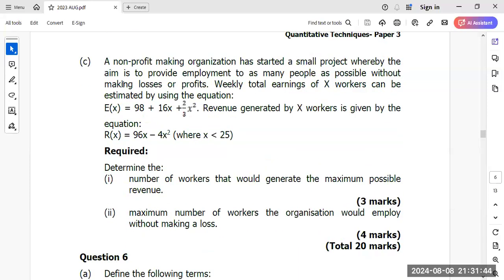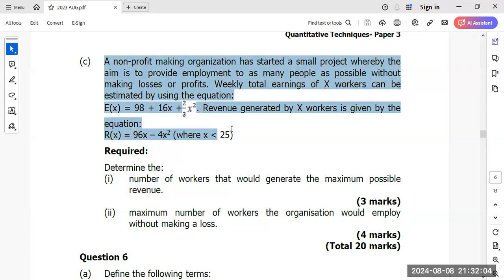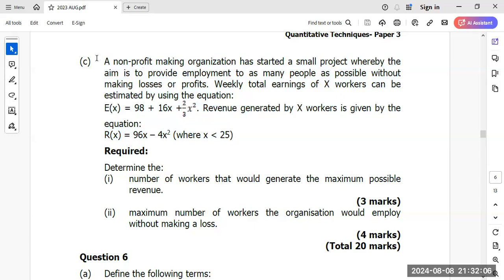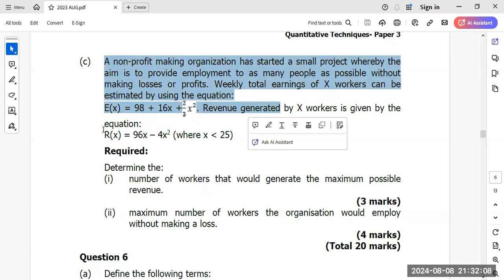Lastly, part C. We are told to determine the number of workers that would generate the maximum possible revenue. Revenue, colleagues, it is not profit, it is revenue. So just analyze your case study and see whether you're given a revenue function, and it is here.